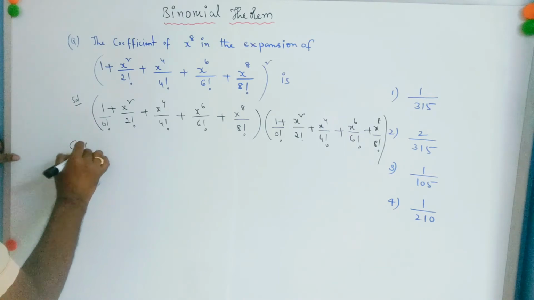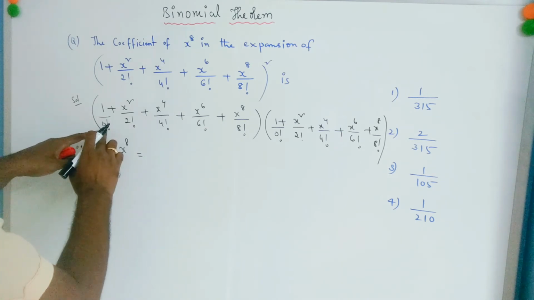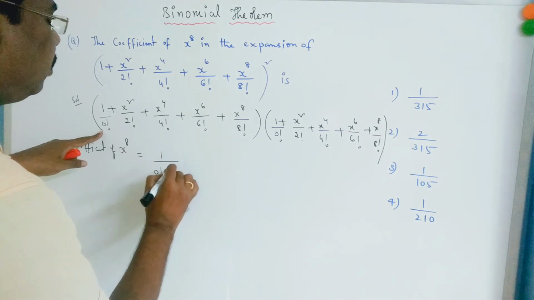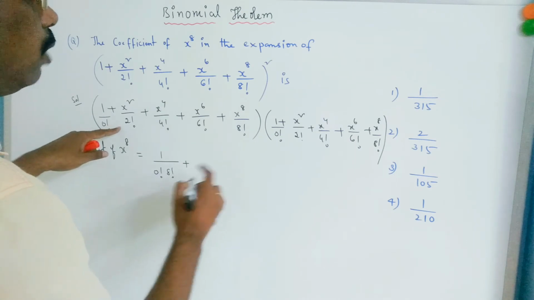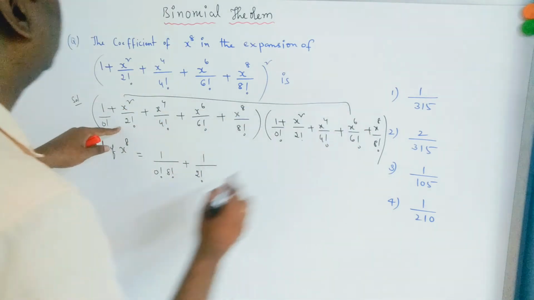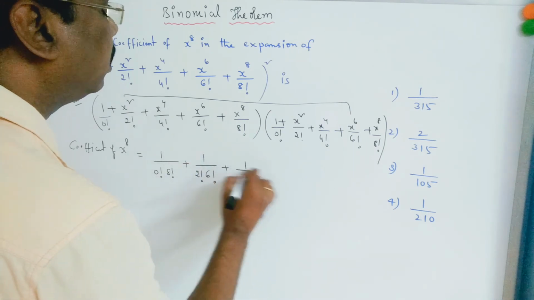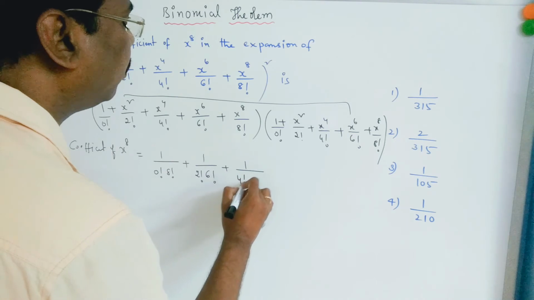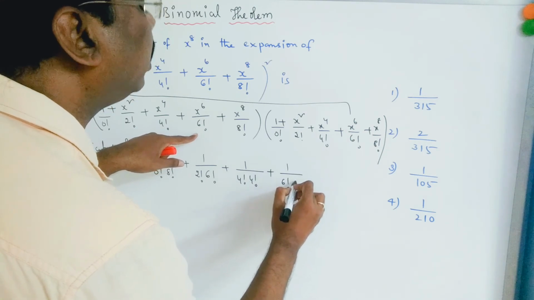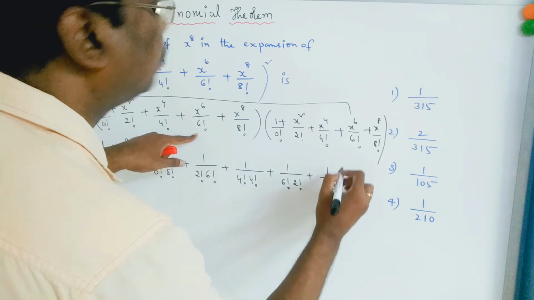Now coefficient of x power 8 is equal to, okay, now here 1 by 0 factorial into 1 by 8 factorial plus 1 by 2 factorial into 1 by 6 factorial, 1 by 4 factorial into 1 by 4 factorial plus 1 by 6 factorial into 1 by 2 factorial, 1 by 8 factorial into 1 by 0 factorial.